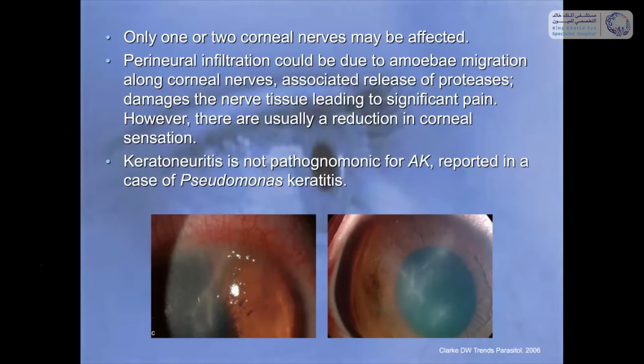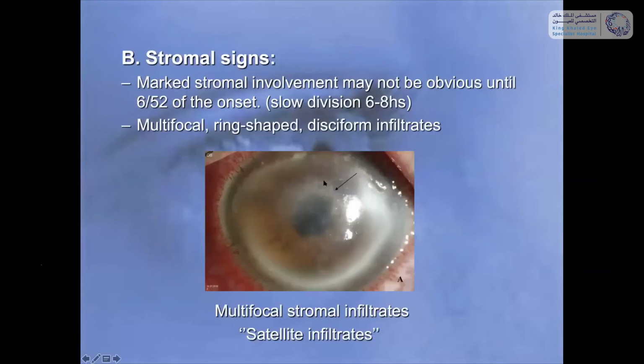And this is associated with the release of proteases, which damage the nerve tissue and cause the severe and significant ocular pain. However, when we take the corneal sensation, usually it is diminished. Keratoneuritis is not pathognomonic for Acanthamoeba keratitis. You can see it with Pseudomonas keratitis also.